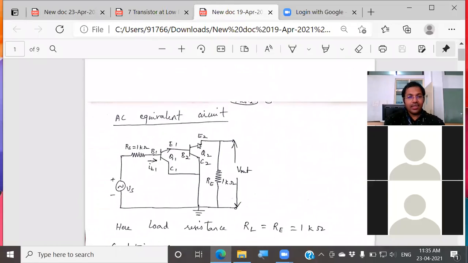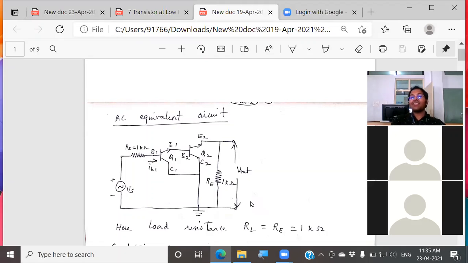For the AC equivalent, the collector is common for both input and output. Same case for the second transistor also. So both transistors are in common collector configuration in the Darlington pair.